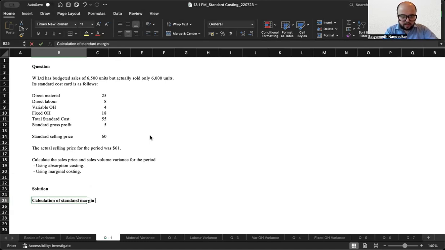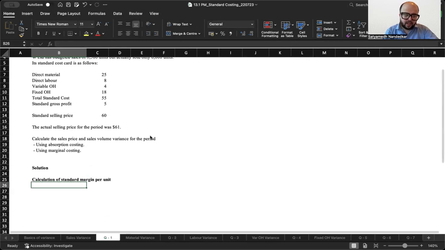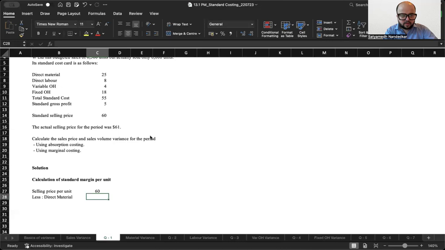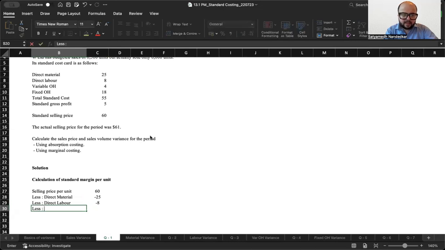Calculation of standard margin per unit. How do we start this? We start this with selling price per unit. Selling price per unit is 60, less direct material 25, less direct labor 8, less variable overhead 4.